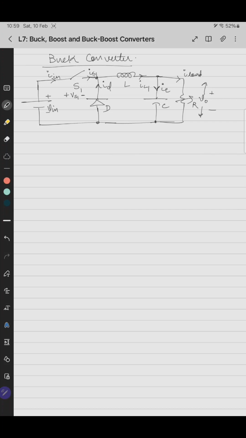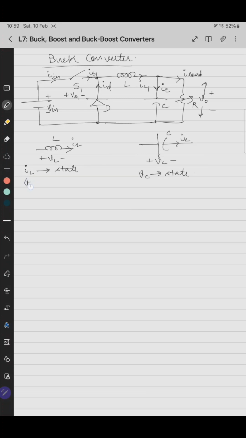As you know, in an inductor, the inductor current cannot change instantaneously. So in the inductor, the state is the inductor current. Similarly, for a capacitor, the voltage across it is a state.